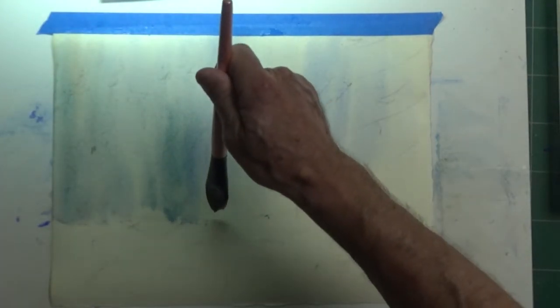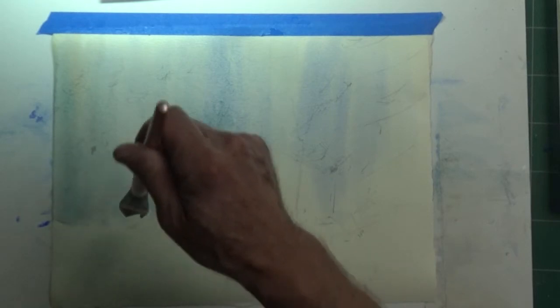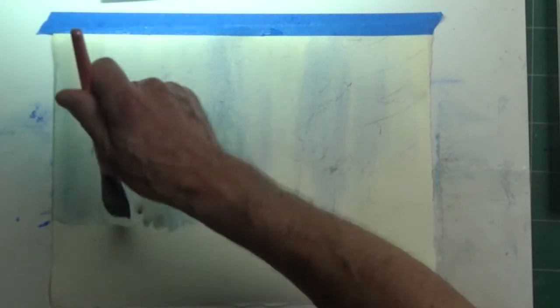So I'm going to use that right now for some of my foreground where the trees are, mixing it with a little bit of my burnt sienna, keeping it nice and watery because this is all going to fog out anyway.